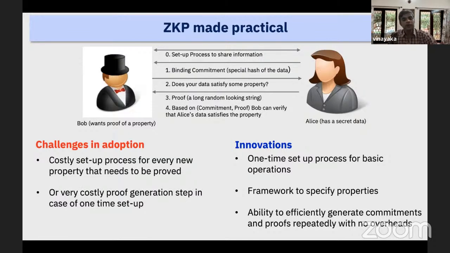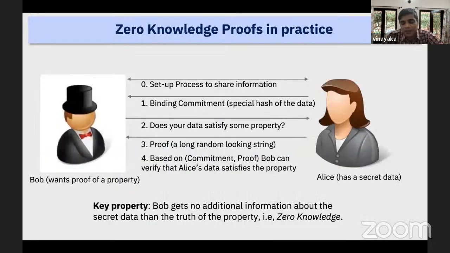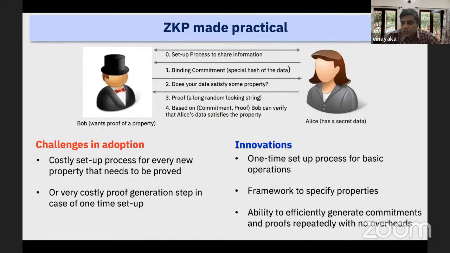I have my private data, and I will make a commitment to this data. In the bank example, this is my bank statement, and the bank knows my statement. So if I make a commitment saying, look, here is some special hash, let's assume that there is a special way of computing some hash of the data that everybody has agreed on.